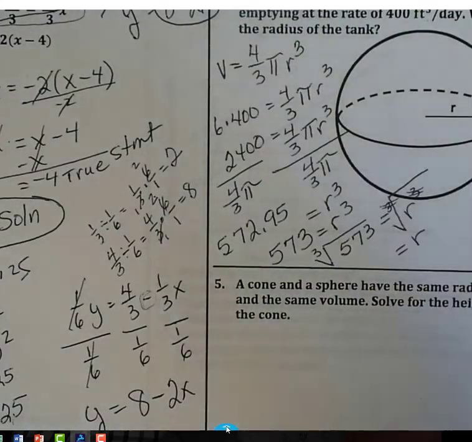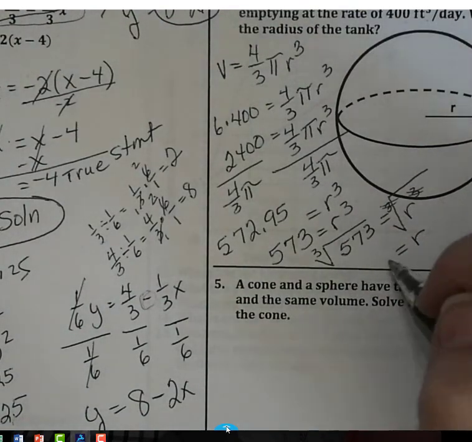So I will get r, and then in the calculator I'll say 573, the cube root of that. And that is approximately 8.3.